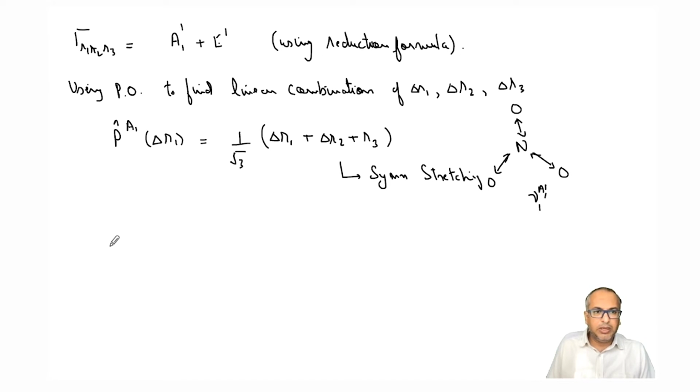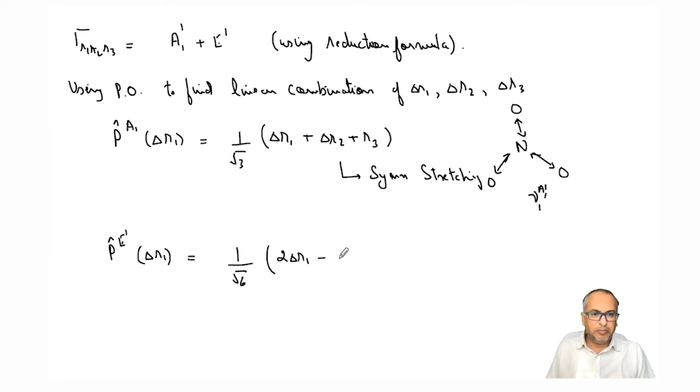Now similarly for the other stretching vibrations, E prime. If you do this, you will get 1 over root 6 times 2 delta R1 minus delta R2 minus delta R3.